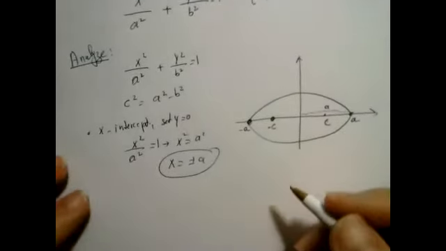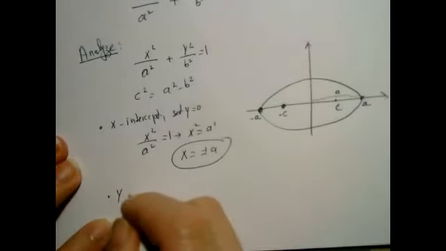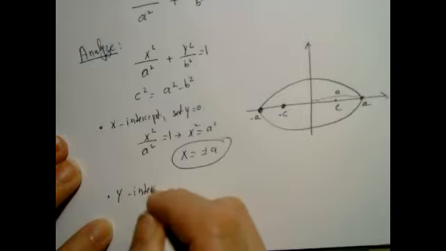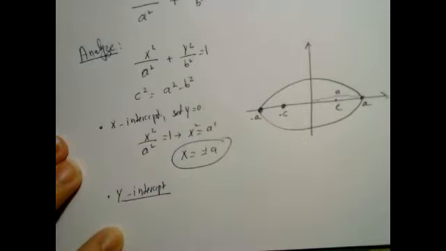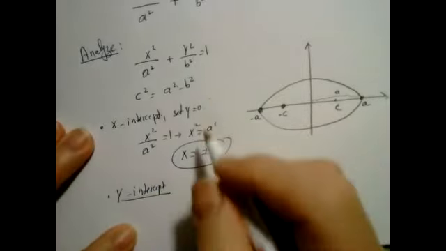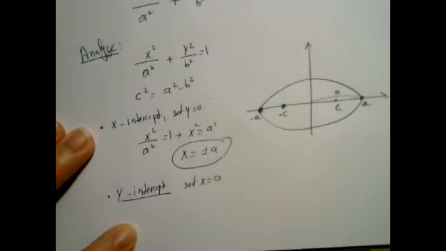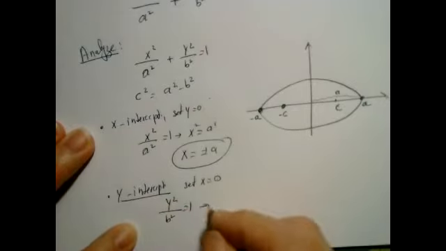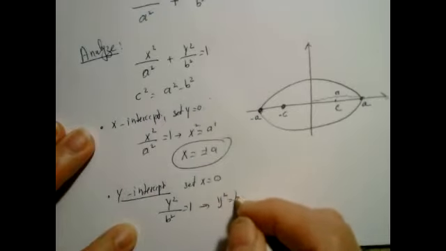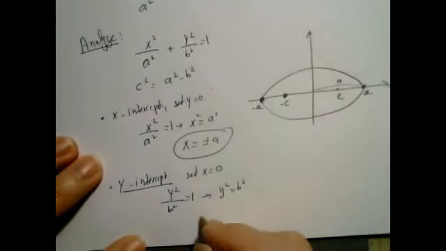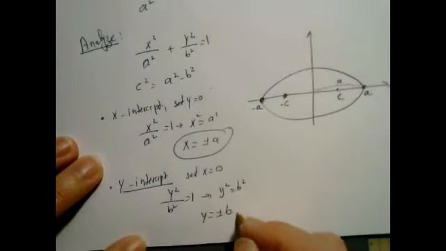Okay. Now let's see what the y-intercept is. We set x equal to 0 in the equation, and then I will have y squared over b squared equal to 1. It means y squared equals b squared, so y is plus or minus b.